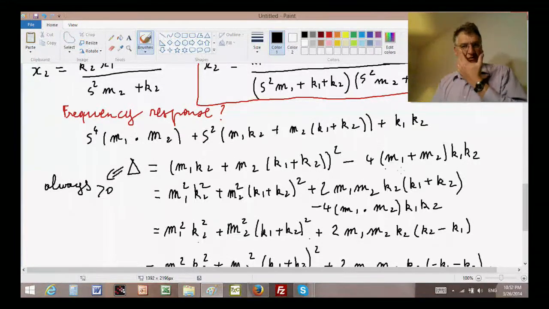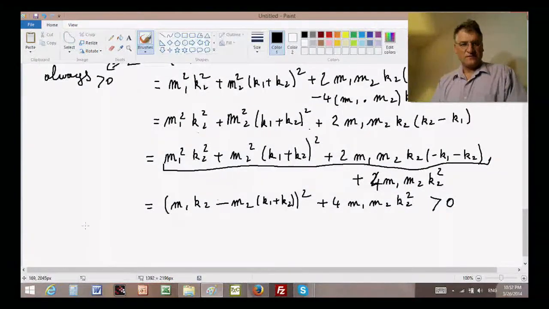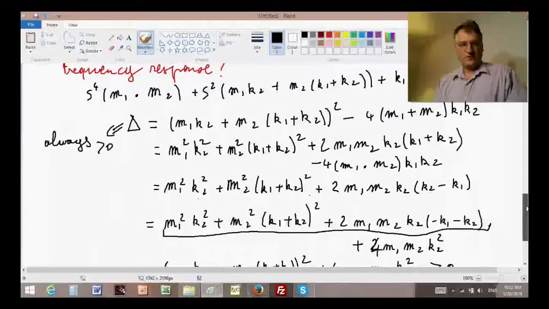And the two roots corresponding to that are s1 squared will be equal to minus m1 k2.